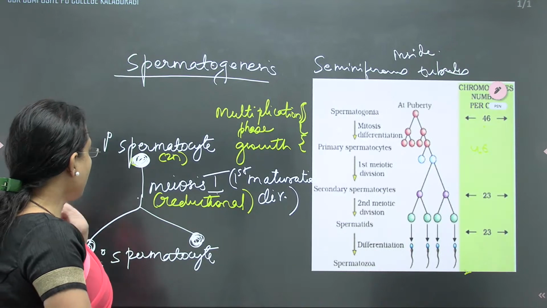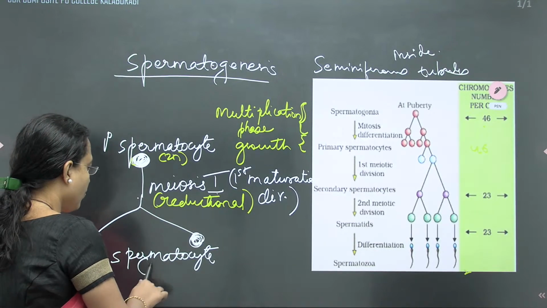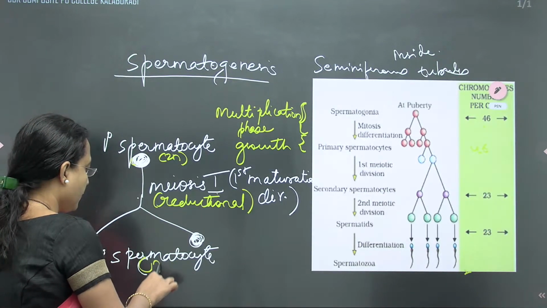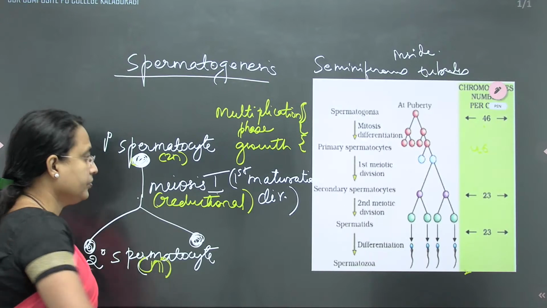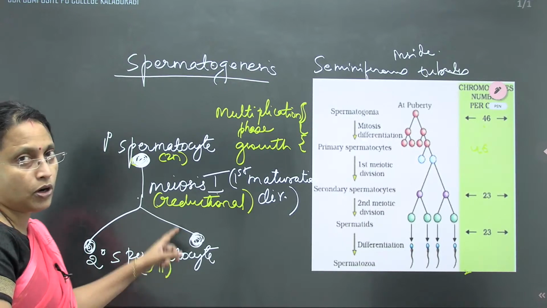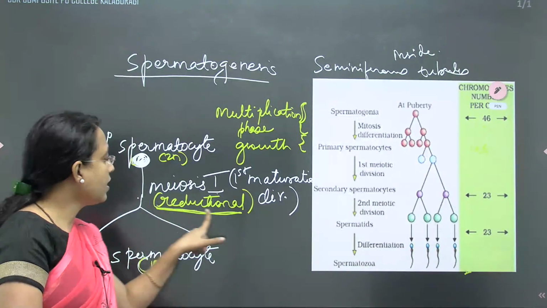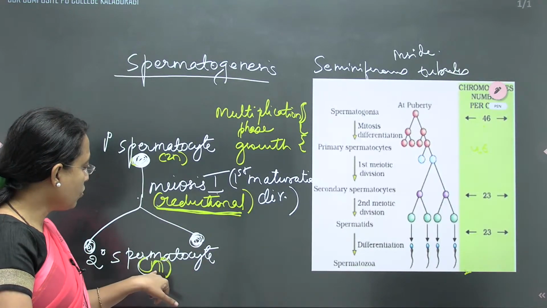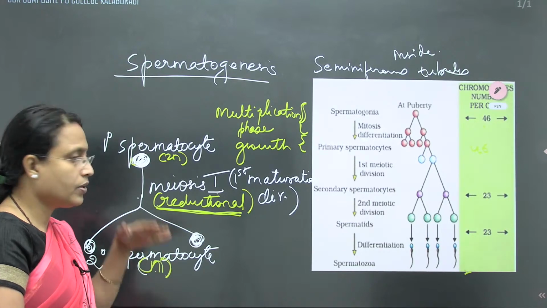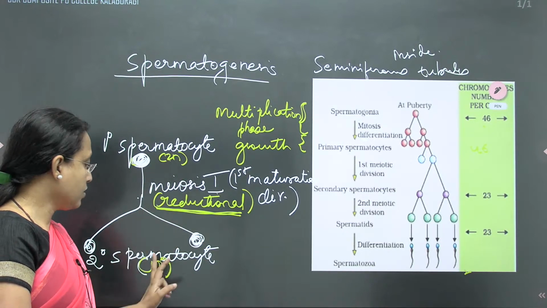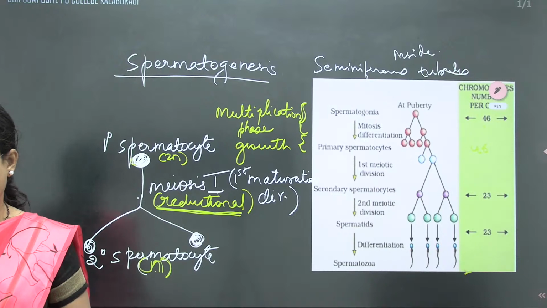So the secondary spermatocyte will be haploid. As explained here, the meiosis is going to be reductional. So the chromosome number is going to be reduced to half. 2n is going to become n.